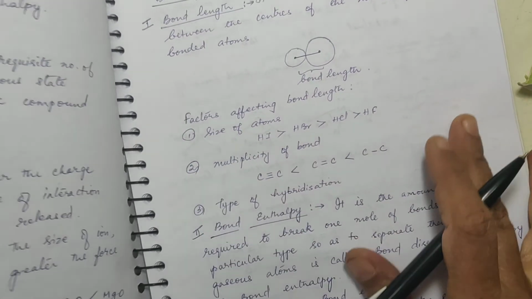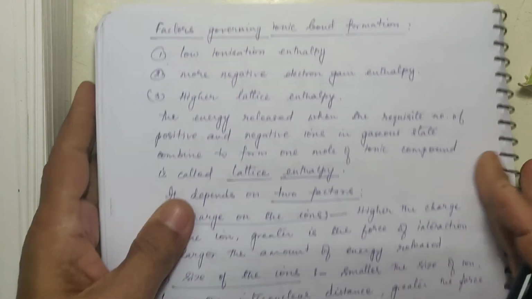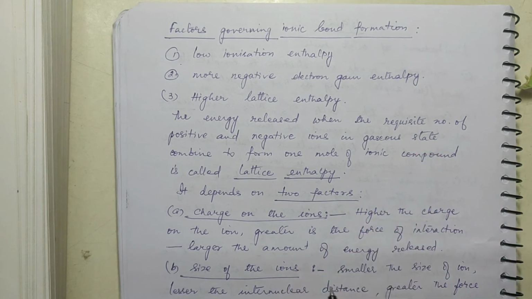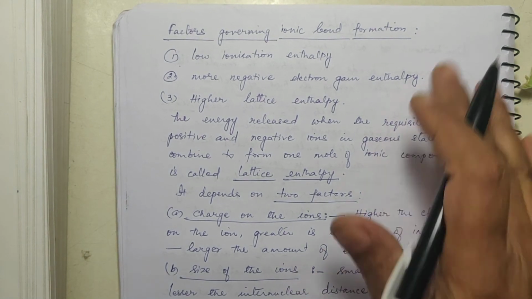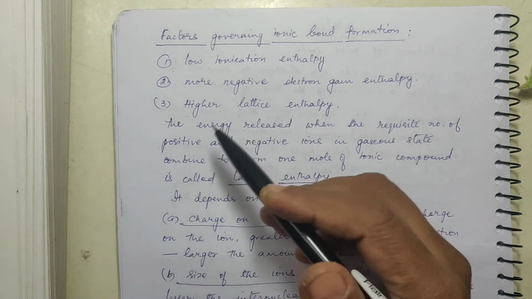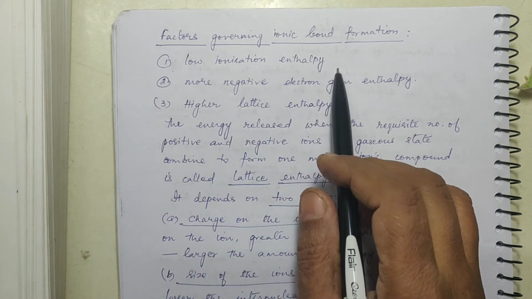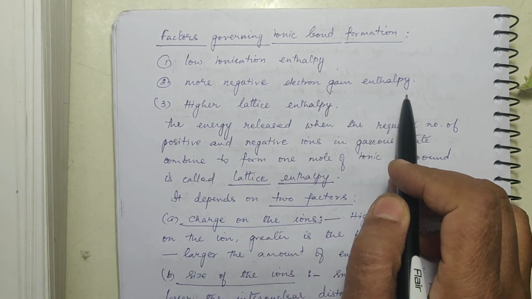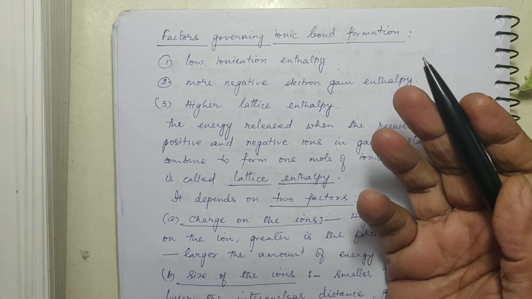Right? Okay. Now come to what are the factors affecting ionic bond formation. This is a very important topic. Just like octet theory: low ionization enthalpy and more negative electron gain enthalpy. Delta Heg should be more negative.